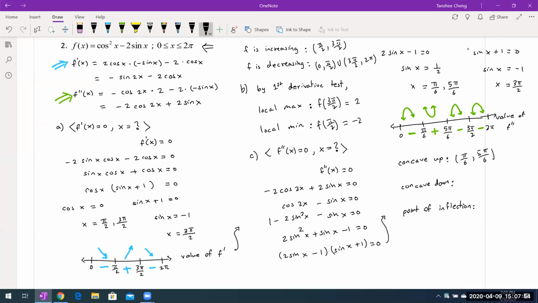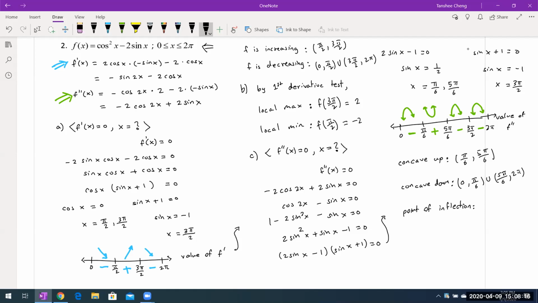And the interval of concave down will be 0 to pi over 6 union with 5 pi over 6 all the way to 2 pi. That's what we are interested in. So what is my point of inflection going to be?